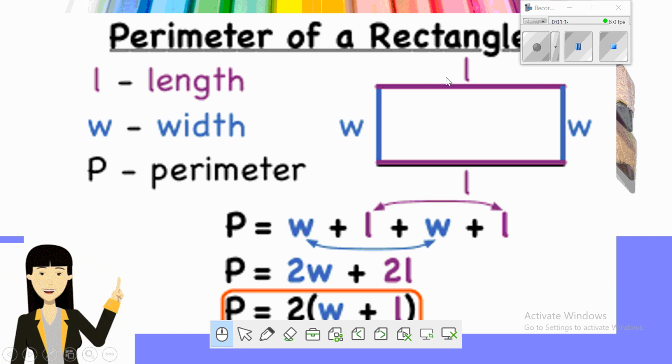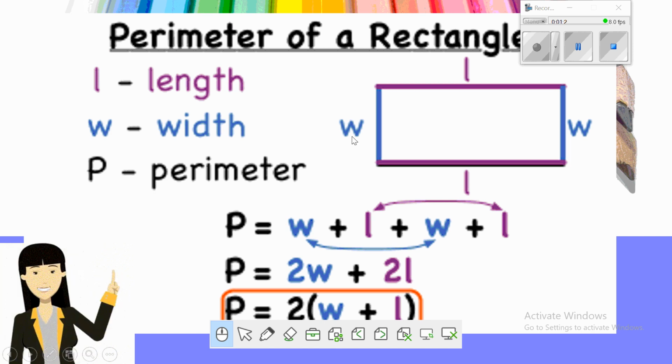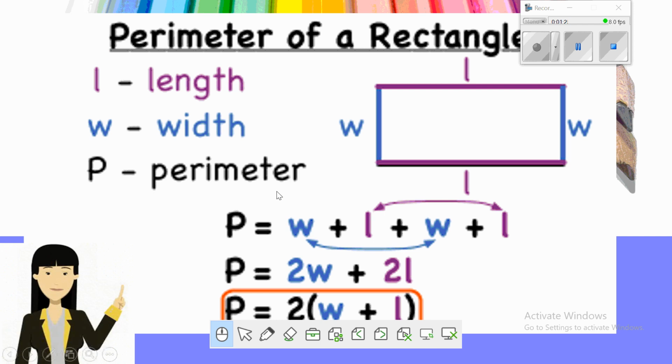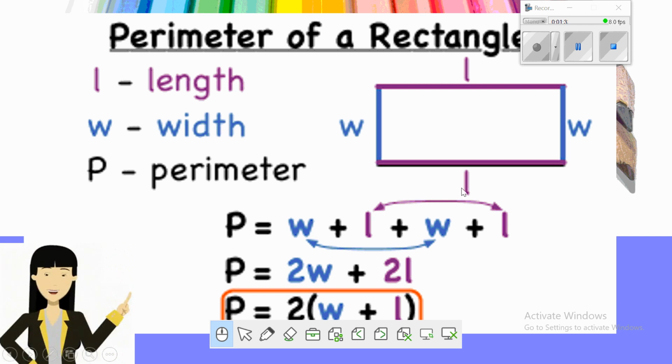L means the length, okay? W is the width. P means perimeter. So the formula says that perimeter is adding W plus L plus W plus L.